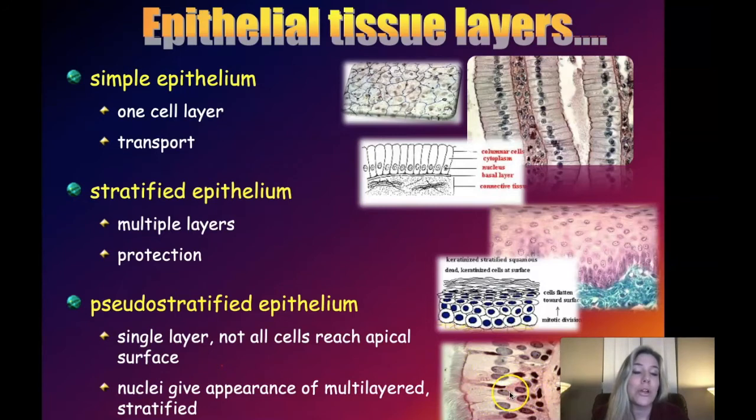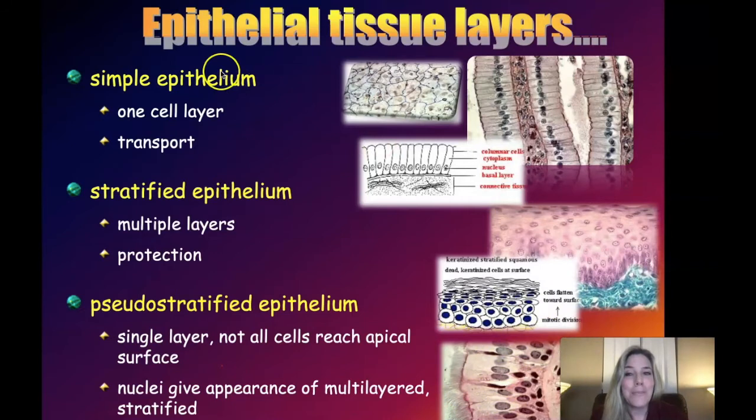But if you were to look closely, you'd actually see that all of them are just squeezed next to each other with a basal layer there. They're all touching that basal layer. So single layer, but not all the cells reach the apical surface, but they all do hit the basal surface. And so therefore the nuclei give the appearance of being multi-layered and stratified when in fact they are actually not.